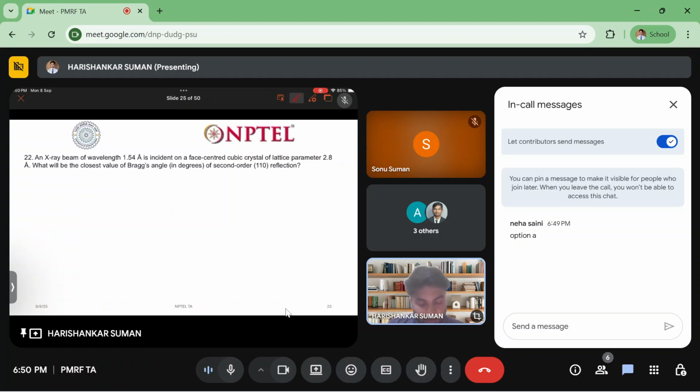See the next question. An X-ray beam of wavelength 1.54 angstrom, this is copper K alpha, is incident on an FCC cubic crystal of lattice parameter 2.8. What will be the closest value of the Bragg angle in degrees for the second order 110 reflection? These are the options. Please solve.